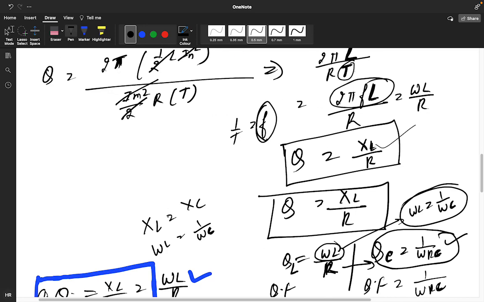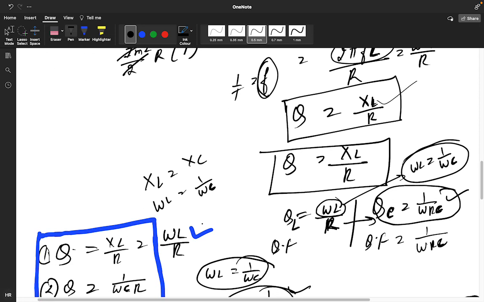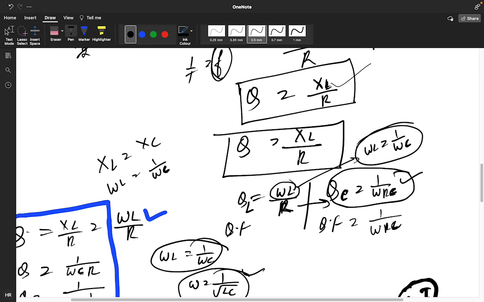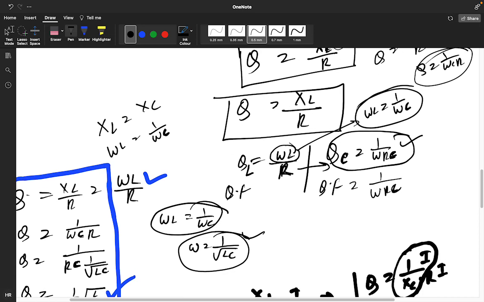And what is the XL? XL is equal to XC, that is omega L is equal to 1 by omega C. So you got Q is equal to XL by R. The same thing will be XC by R, and the value of XC is 1 upon omega C. So we are getting QL is equal to omega L by R and QC is equal to 1 by omega CR.